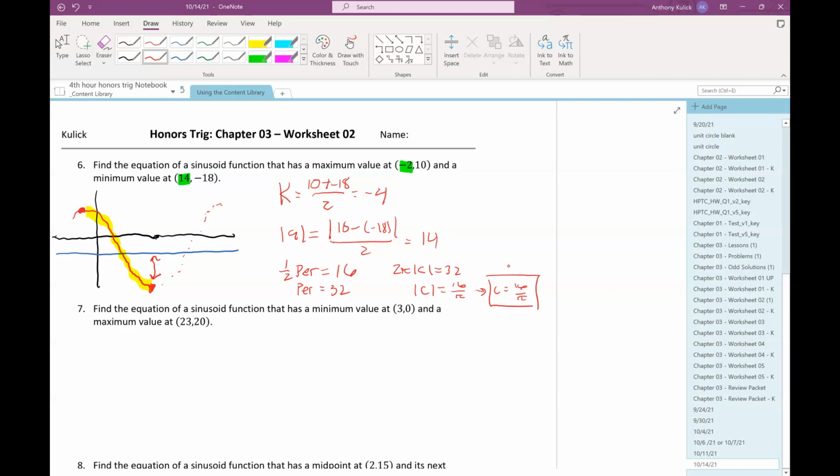My goal in doing this is I want to use a coordinate from the parent function where the x-coordinate is 0. So in cosine, that means I can use 0, 1. In sine, I could use 0, 0. Now, the catch is, in sine, 0, 0 is a midline point. And in cosine, 0, 1 is a maximum, an extreme point.